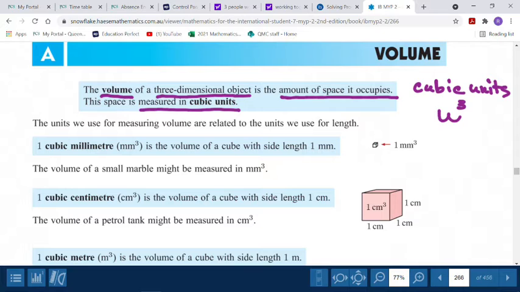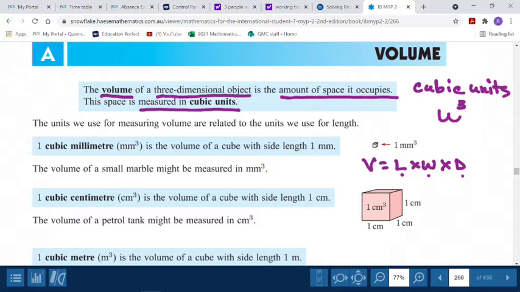Because if you're doing volume, you have length, you have width, and you have depth. That's 3 things multiplied together. So when you multiply the units times themselves 3 times, that gives you cubed, or a power of 3.